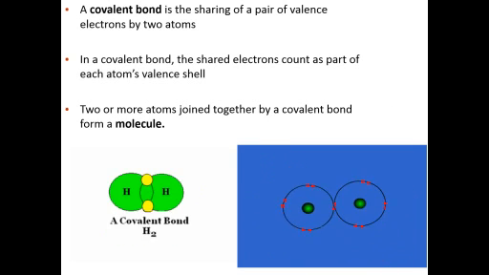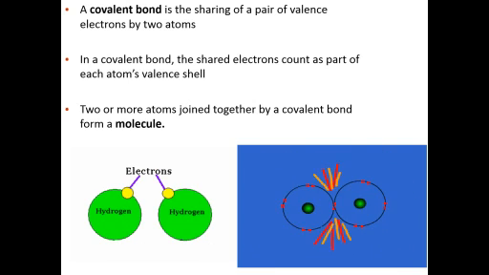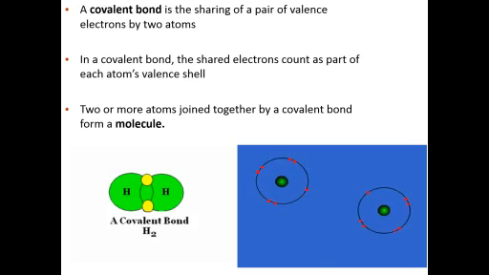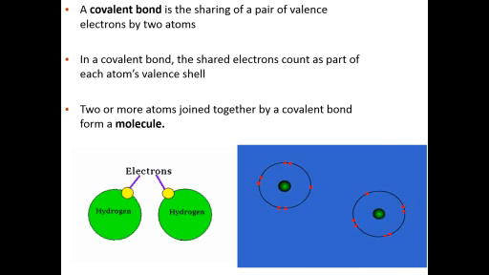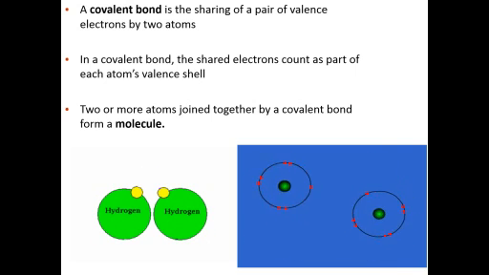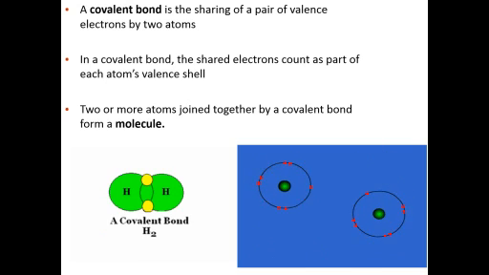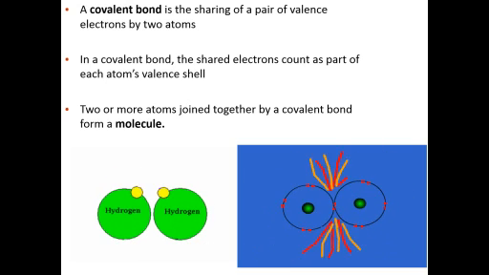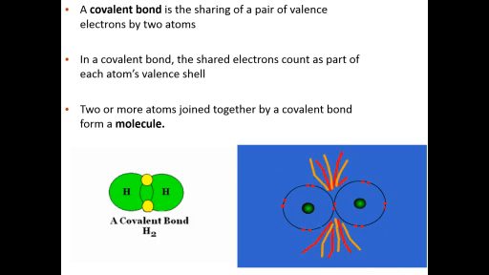Alright, so the first chemical bond we'll talk about is a covalent bond. Covalent bonds involve the sharing of electrons, the sharing of a pair of valence electrons by 2 atoms. So the sharing of valence electrons between 2 atoms, you form a molecule.